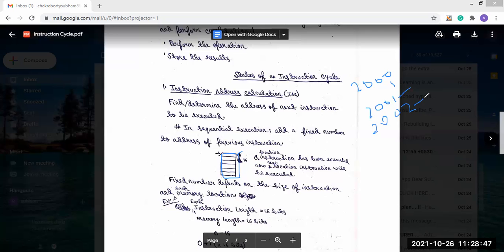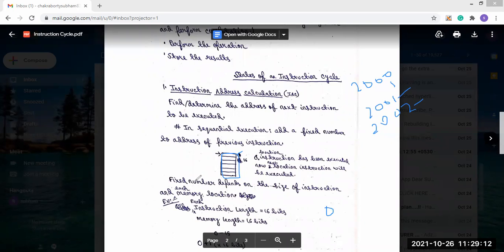So here also, the fixed number that has to be added to the previous instruction's address depends on the size of the instruction and each memory location. Let's say the instruction length is 16 bits and the memory length is also 16 bits.